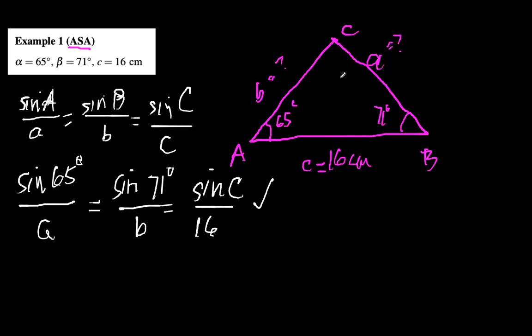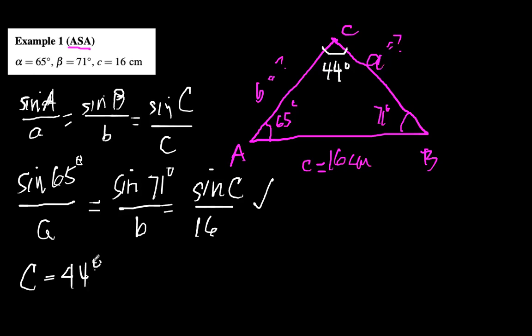Here, we can easily get angle C because we already have two angles given, and we know that the sum of the angles is 180. So 65 plus 71 is 136, and that leaves 44. Am I right, class? 44 degrees. So we have already found angle C to be 44 degrees.